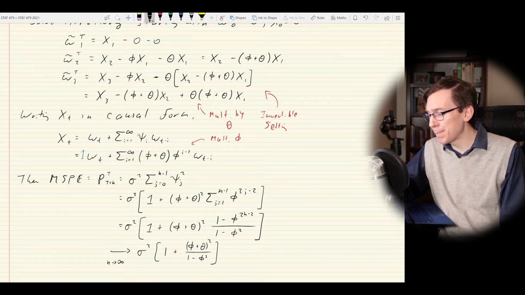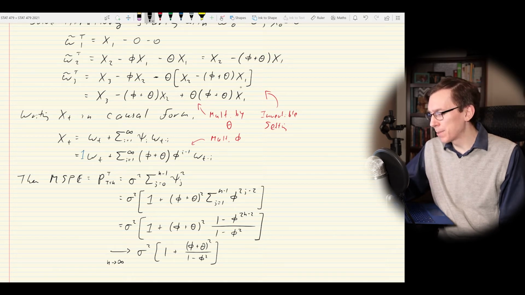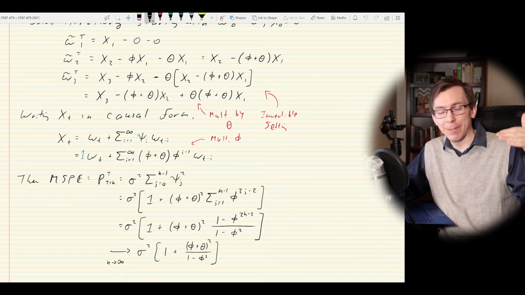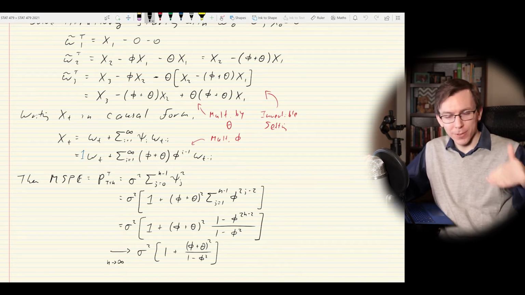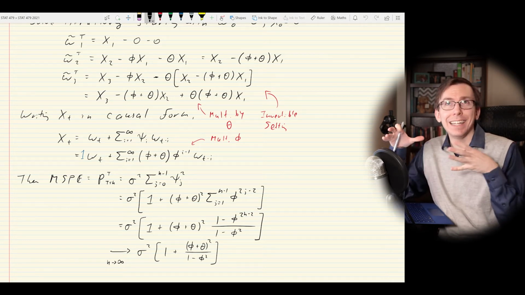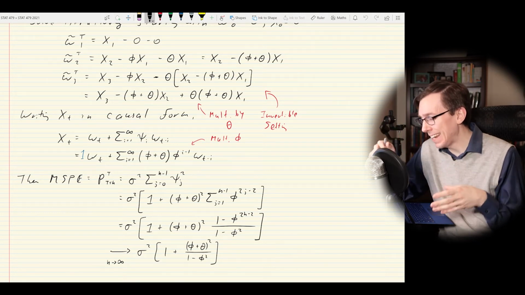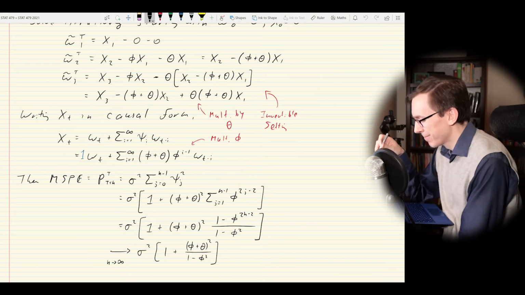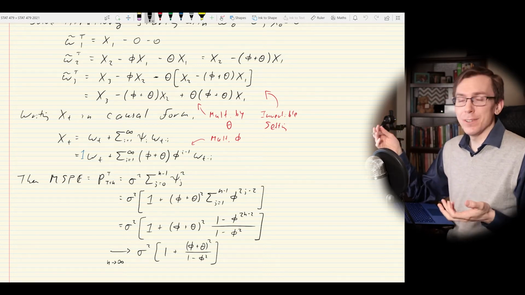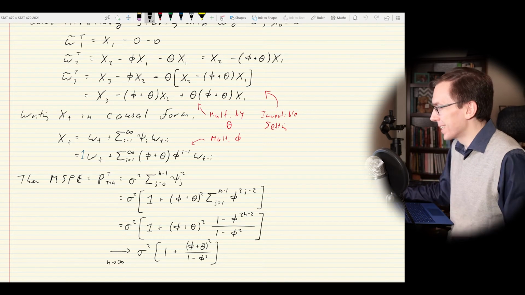If you have a white noise piece, you have to work a little bit harder, and you can work your way up to the white noise iteratively by starting at time 1 and then going 2, 3, 4, and so on. And you end up with an equation that looks like this. This is just the invertible representation of the data, but we can still use that to estimate or predict white noise, whatever you want to call it.